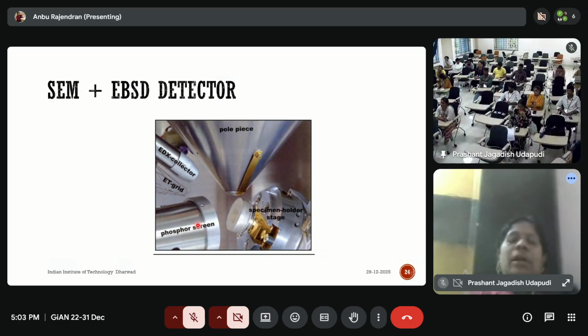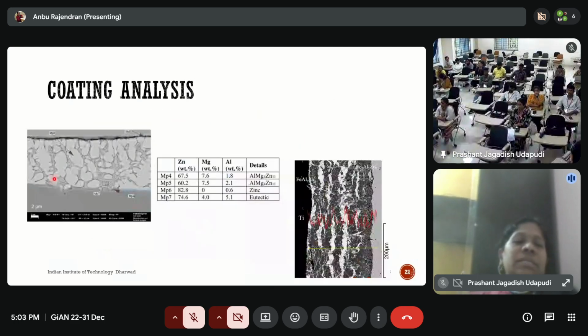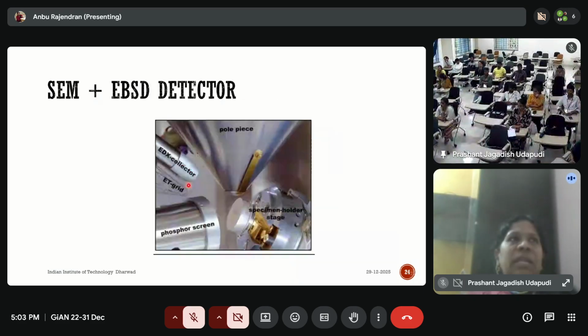Unlike EDS or SE, BSE images, these images you can see directly on the screen. When you are using the EDS detector, you get results in terms of numbers or a spectrum. In the case of EBSD, you get the diffraction data, theta values, from the machine.